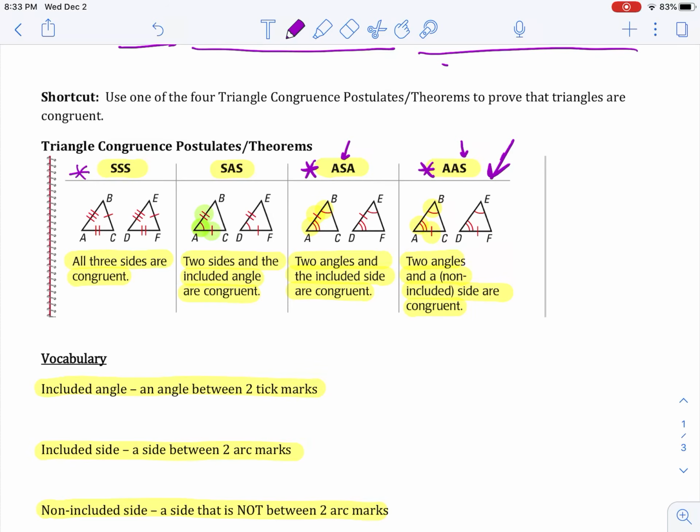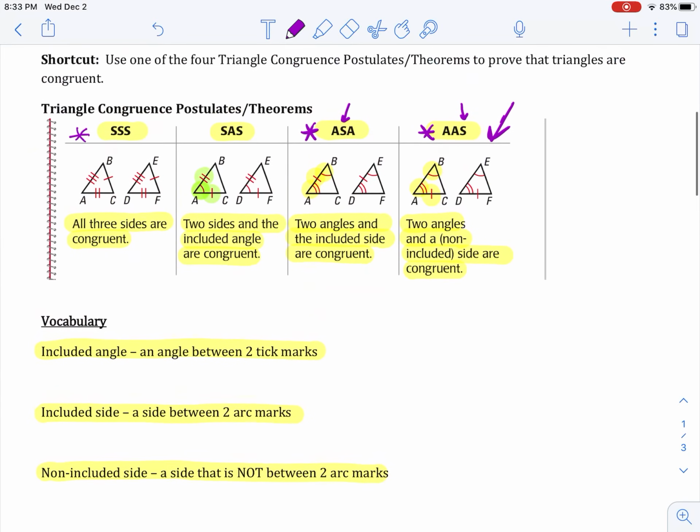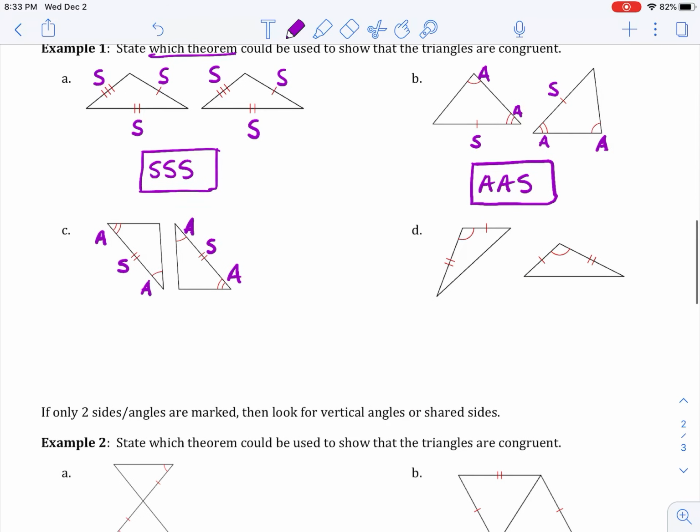We have two A's and an S. However, oops, no, I'm wrong. That S is right between them. Sorry, that actually matches up to our third one right here. Our tick mark ended up being between our two arc marks. So in this picture, we have ASA, the theorem being illustrated.